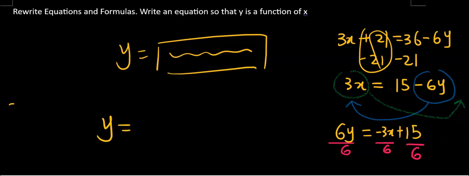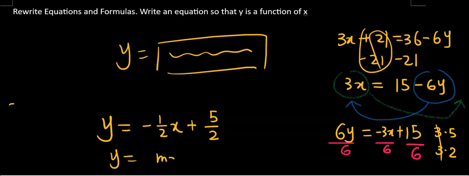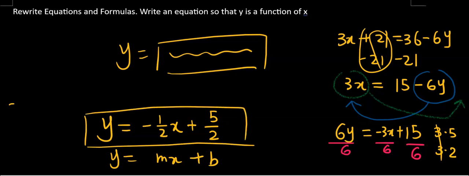Negative 3 over 6 is negative 1/2 x. 15 over 6. 15 is 3 times 5. 6 is 3 times 2. And we have 5 over 2. Once again, this is slope-intercept form. We just completed rewriting the equation so that y is a function of x. Happy learning!